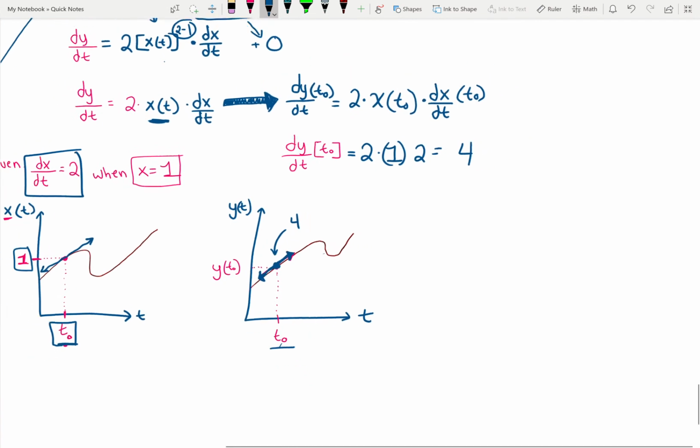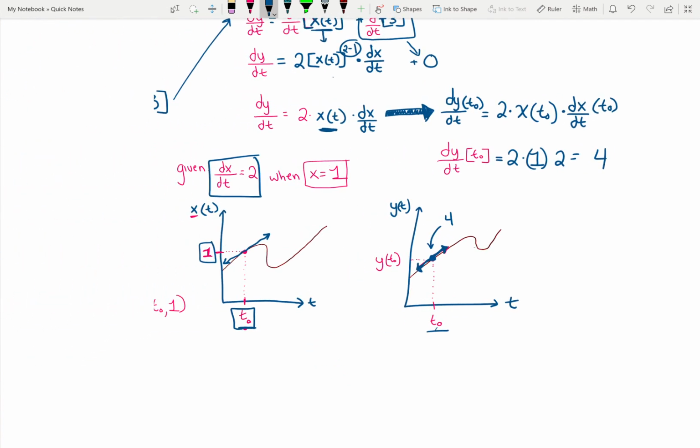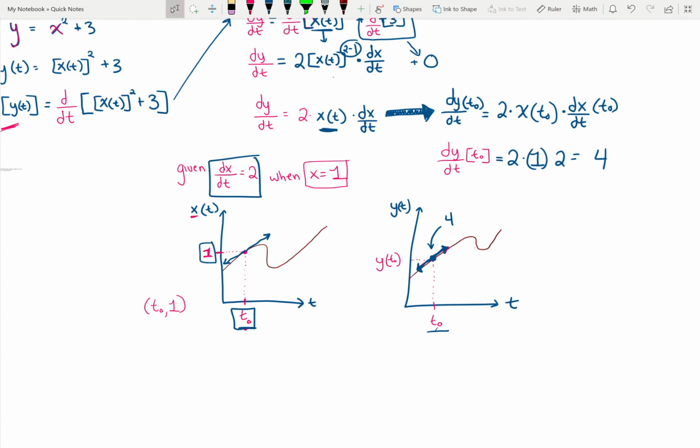So there's a lot going on here. It's helpful with these problems to really break down in your head or on paper these graphs. They're never going to give you these graphs, but you want to start thinking about how x and y, or whatever variables they give you, are related to t, and how they change with t.